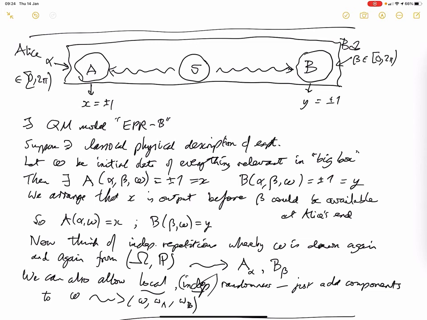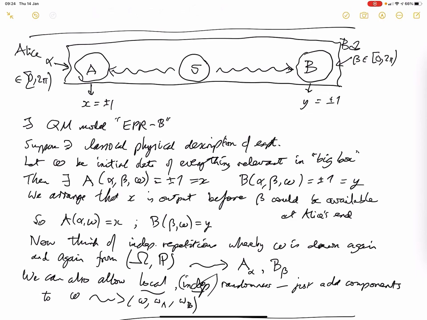Now we think of this experiment being repeated many times, and each time everything is cleaned and reset and restarted, then the initial state little omega can be different every time, and we'll think about it as being drawn from a probability distribution again and again.